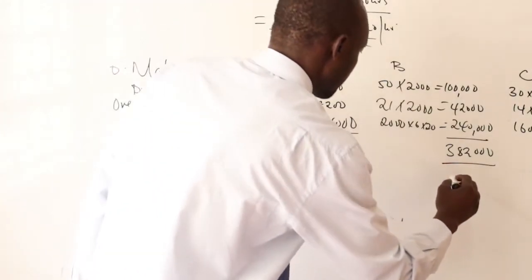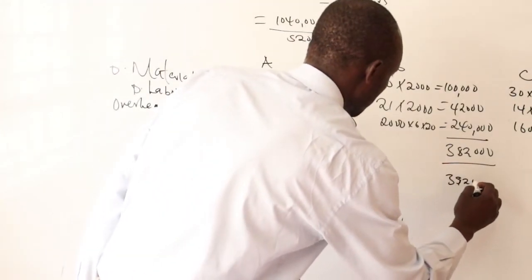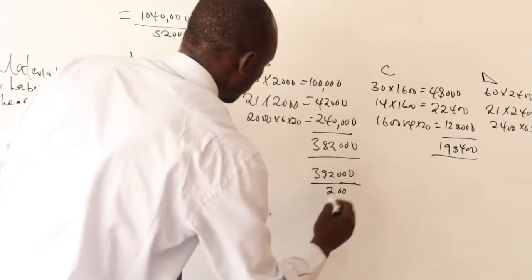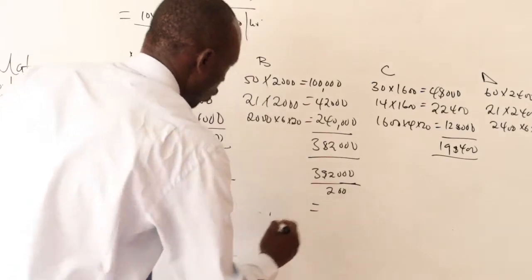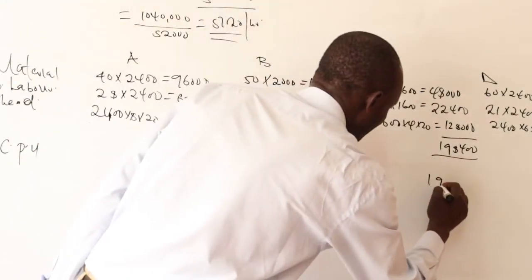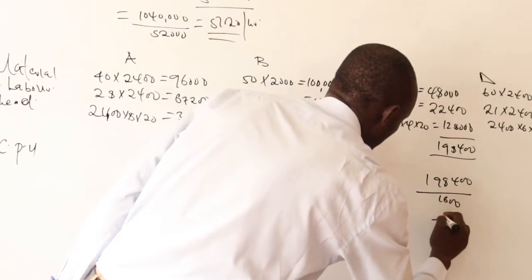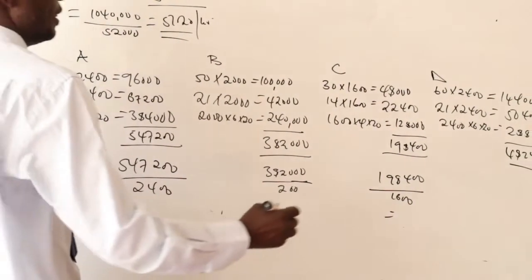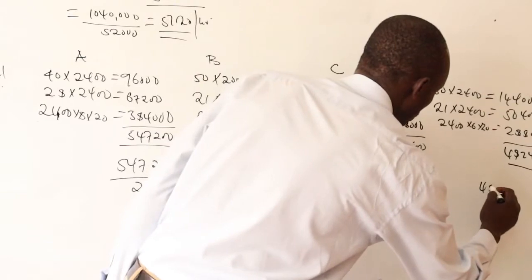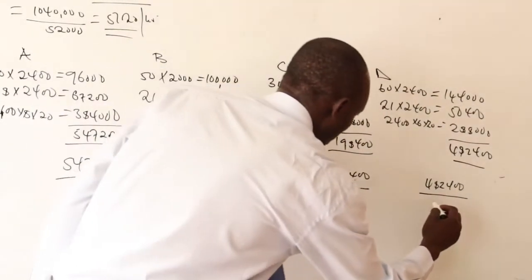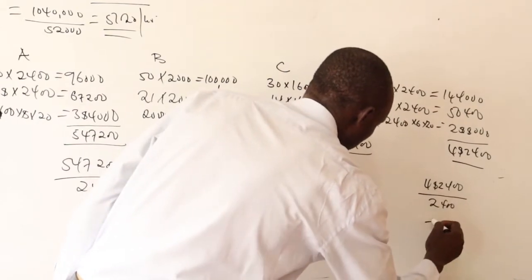This one, it is 382,000; you divide by 2,000. It will give you the cost per unit. This is 198,400; you divide by 1,600. And this is 482,400; you divide by 2,400.